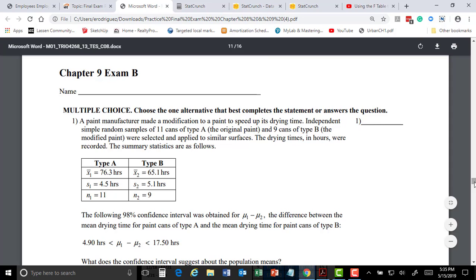So you have to know if you know what sigma is, or if you suspect that they're close together, then you're going to do pooled variance. The other thing we need to know is whether the 2 samples are independent or dependent.